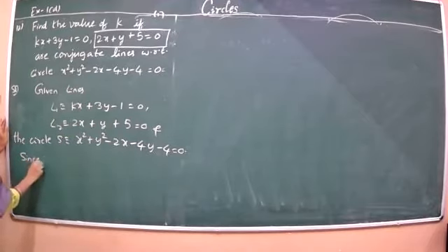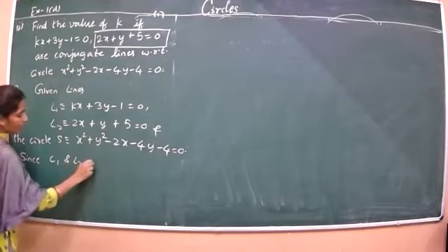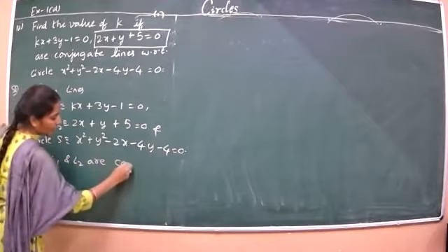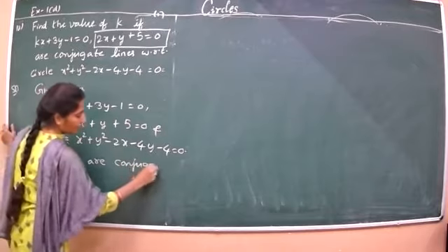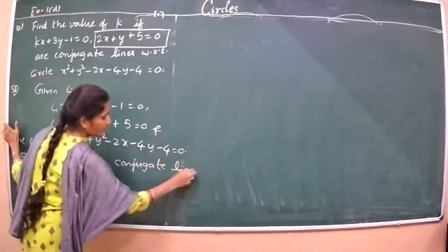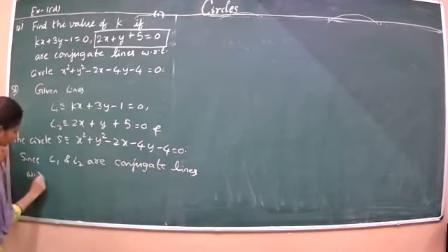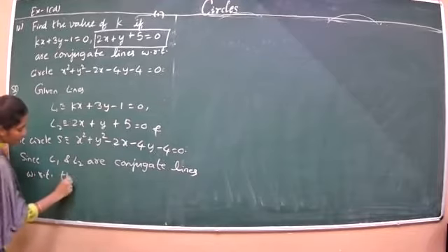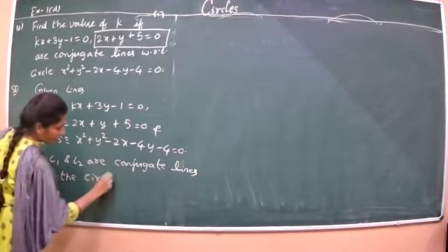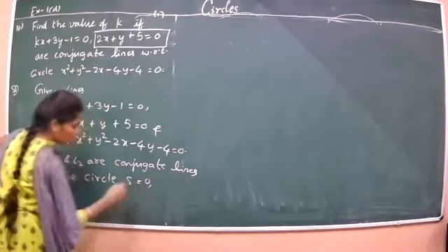Since L1 and L2 are conjugate lines with respect to the circle S equal to 0, it is given in the question.